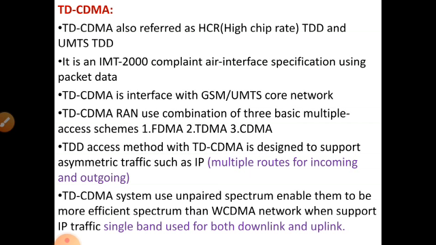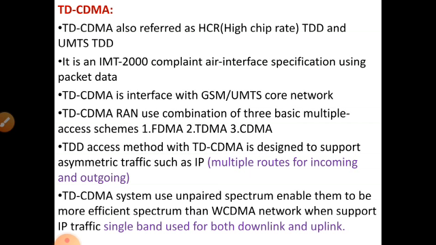This TD CDMA RAN uses a combination of three basic multiple access schemes: FDMA, TDMA and CDMA. You already know the full forms of FDMA, TDMA and CDMA. This time division duplexing access method with TD CDMA is designed to support asymmetric traffic such as IP.